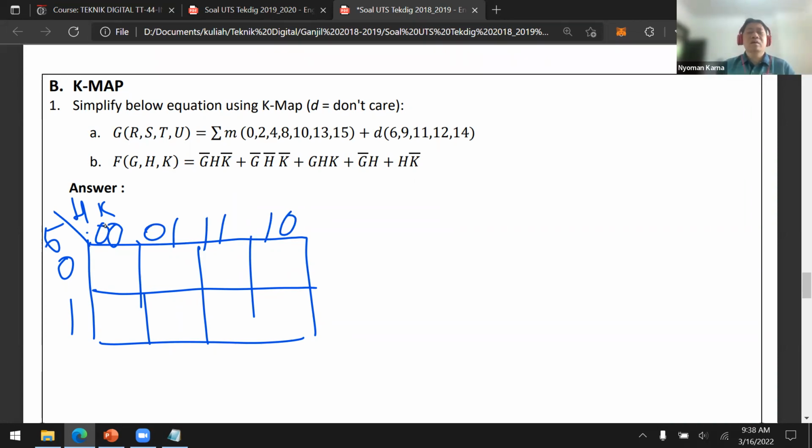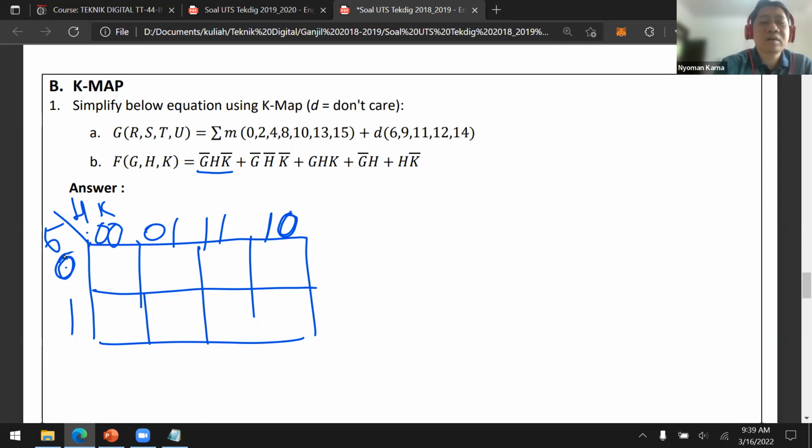Now, G naught, H, K naught. G naught is this one, H is this one, and K naught is this one.